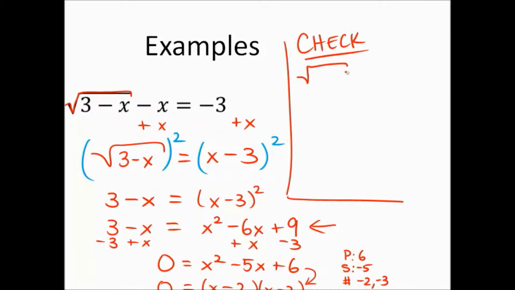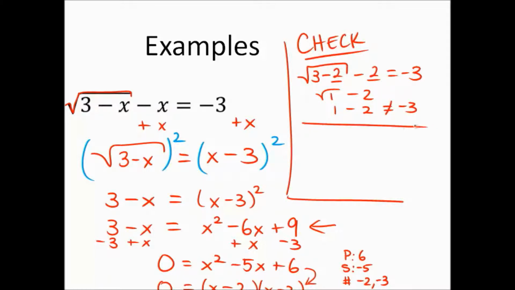So let's just double check. We're going to take root of 3 minus the number, minus the number again, equals -3. So let's try it with a 2. We have root 3 minus 2, that's root 1, minus 2. That does not equal -3. So the 2 does not work. Let's try the 3.